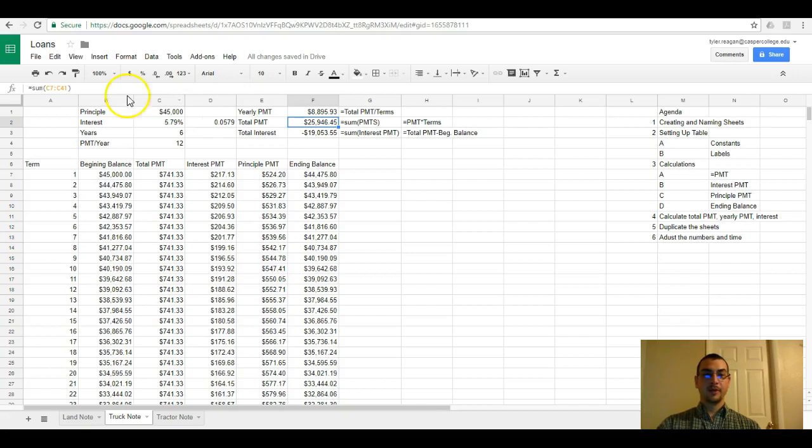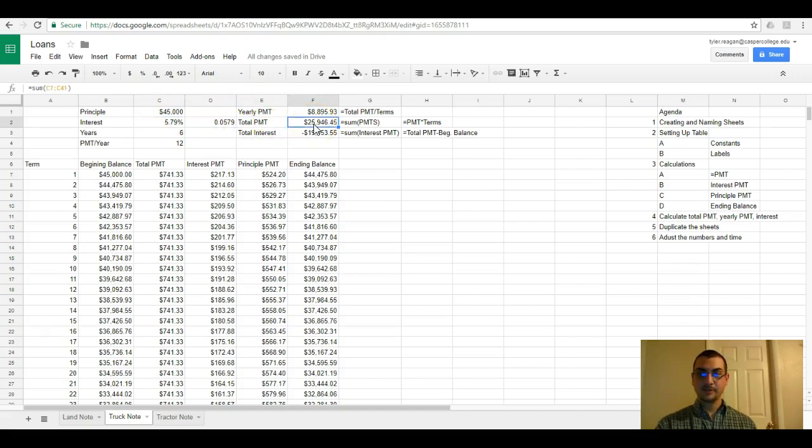Now, we copied this over from the other sheet, and we look at these total payments, and the total payments is equal to almost $26,000. The principal on the vehicle was $45,000. How can the total payments be less than the actual principal of the note?